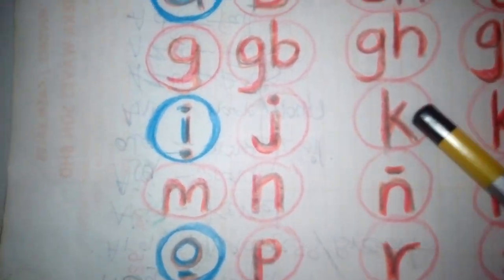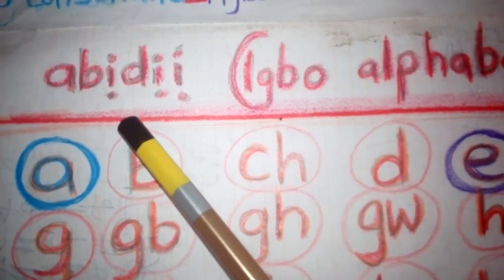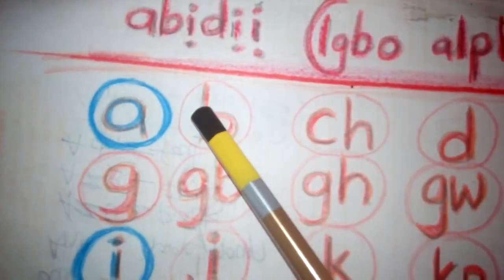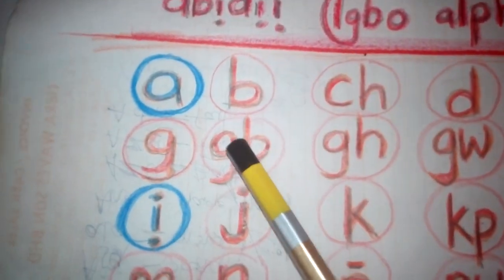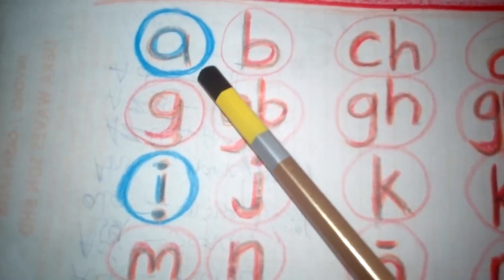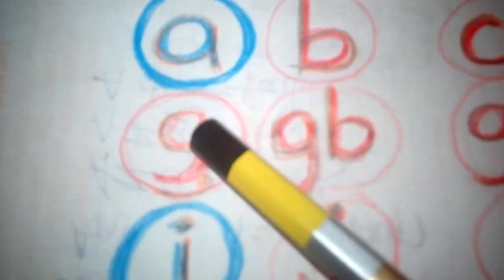I dropped something on the board here. So this is the Igbo alphabet. A, E, I, O, U, Ụ. You can see they have dots underneath.